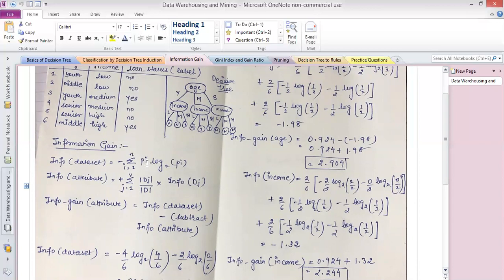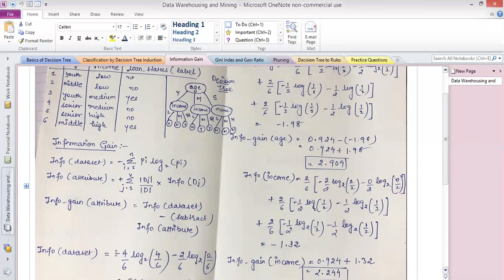So this is going to be 4 by 6 log 4 by 6 to the base 2, plus for yes we have got 2 yeses, so it's going to be 2 by 6 log 2 by 6 to the base 2. You can see that calculated right here. Info data set is equal to, since we have only got 2 labels, no has got 4 tuples, yes has got 2 tuples.